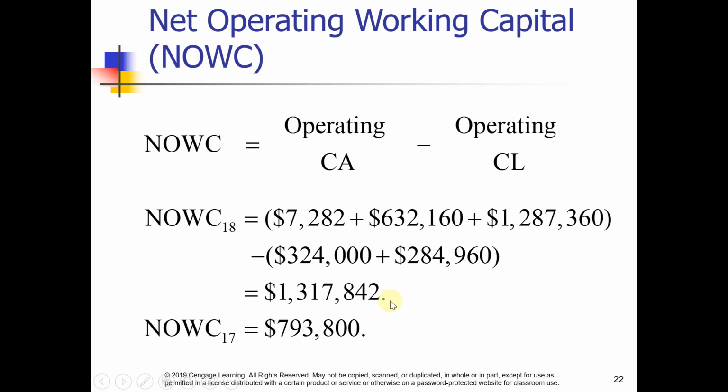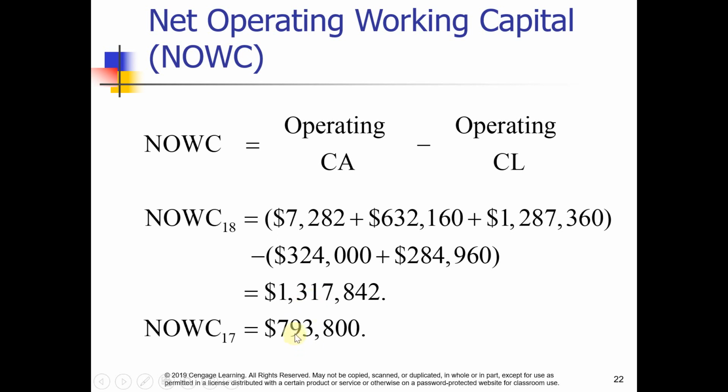This is the net working capital this company needs to keep in 2018 for it to run this business smoothly. This is just the current type. The amount of net operating working capital in 2017 was about 800,000, and in 2018 this investment requirement became bigger, to more than a million.